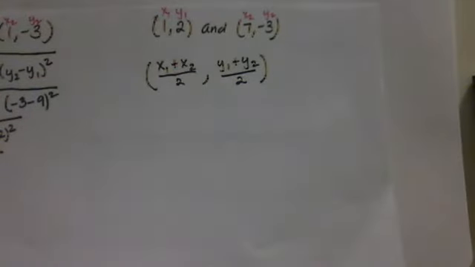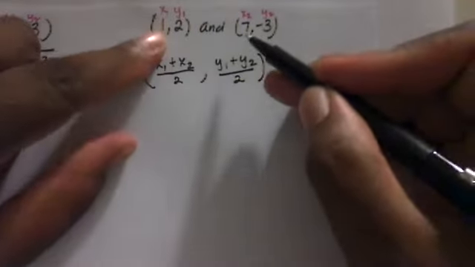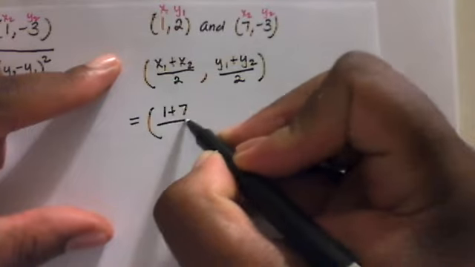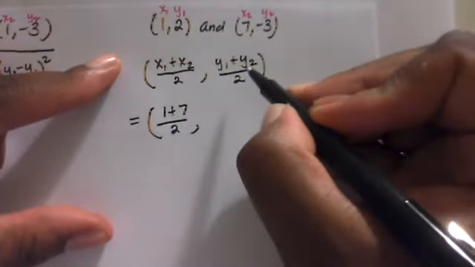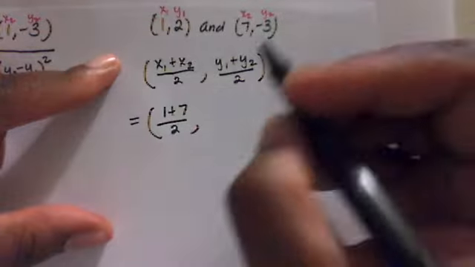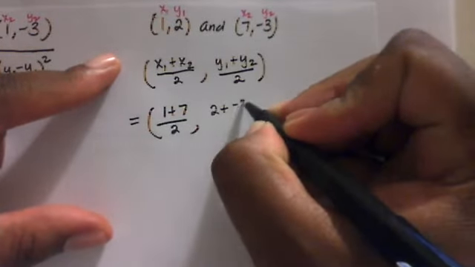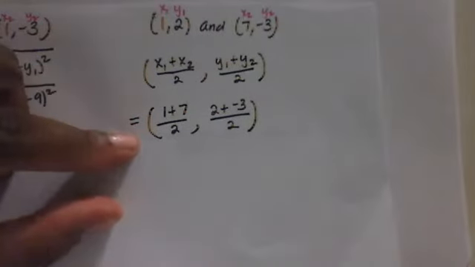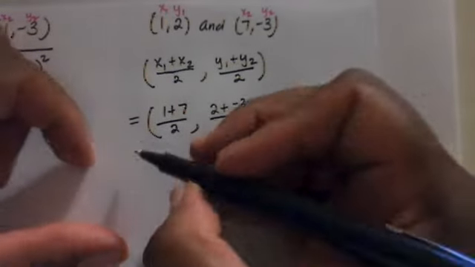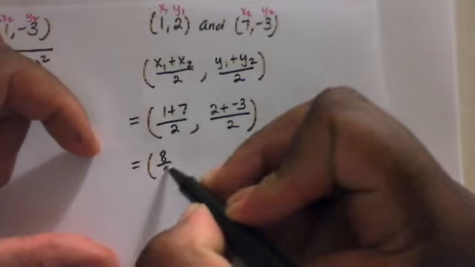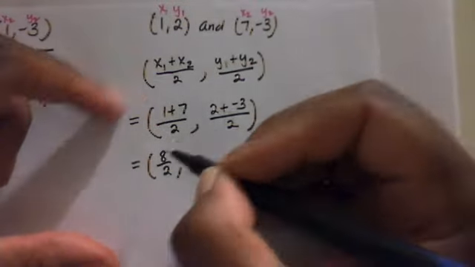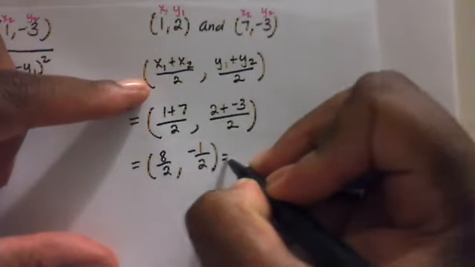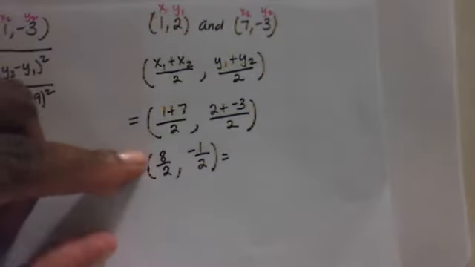Okay, so here we add the x coordinates together. That's 1 plus 7, and that's divided by 2. Y1 plus y2, that's 2 plus negative 3 over 2. Now 1 plus 7 is 8, so you're going to have 8 over 2. And then 2 plus negative 3, that's negative 1 over 2. Now, we can do 8 divided by 2.